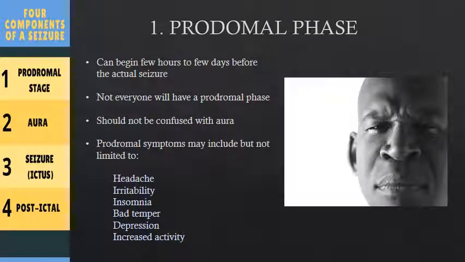A prodromal phase is more of a change in the baseline status of the patient, where they can develop symptoms such as headache, irritability, insomnia, bad temper, depression, or increased activity.